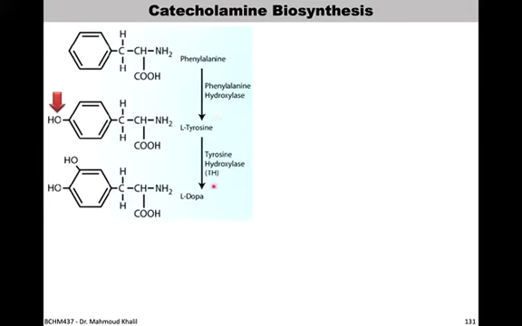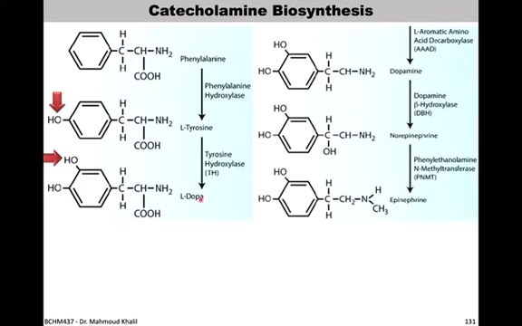Then, by the action of tyrosine hydroxylase, another hydroxylase, which adds another hydroxyl group on another carbon of the benzene ring, the structure is now called L-DOPA. Soon after that, dopamine is formed by the action of a decarboxylase that removes the carboxylic group from this carbon, and now you have dopamine.